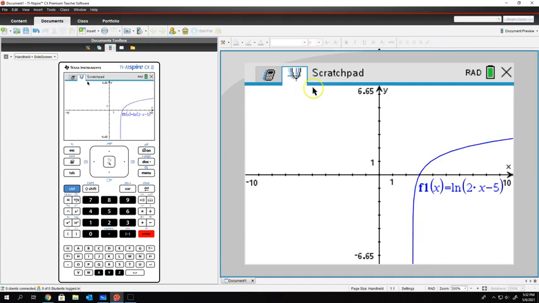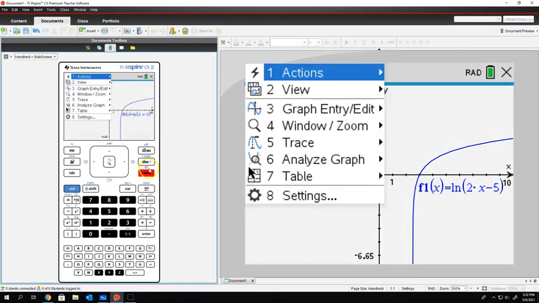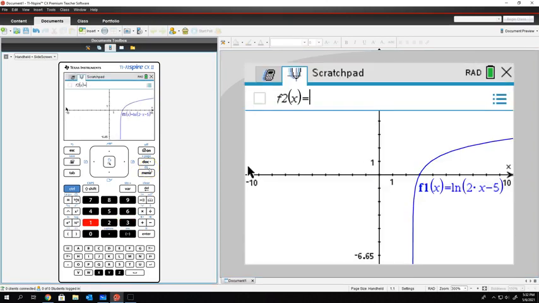Enter. So this was our original function, f of x. And then I want to add a new one, so I'm going to hit menu, and then 3, 1.